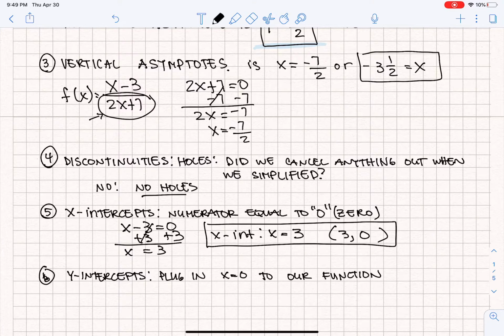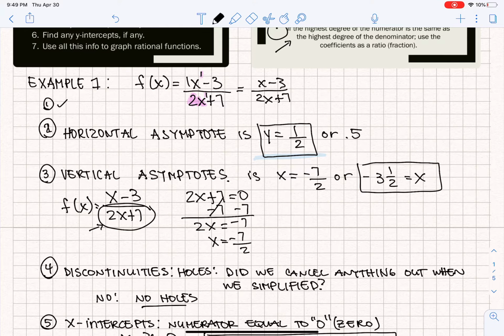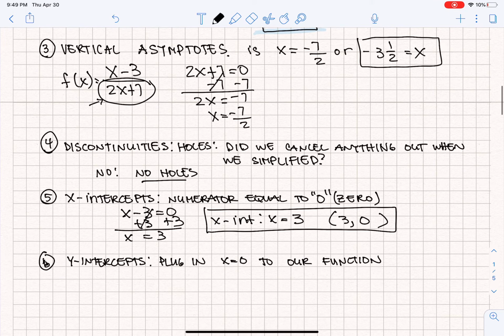All right, and we could use a simplified function if we did simplify it. In this case, we just have x minus 3 over 2x plus 7 as our function, and we're going to plug in x equals 0. Okay, so we have 2 places here to plug it in.